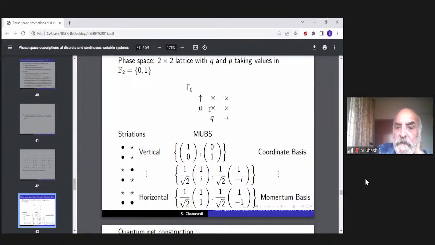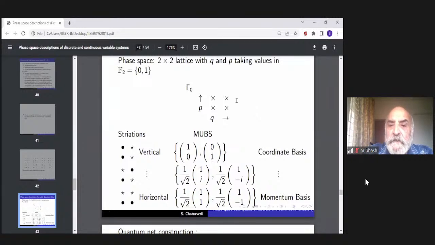So we associate projectors to each of these lines, making use of the availability of mutually unbiased bases in prime power dimensions. Then we can construct the phase point operators by summing.